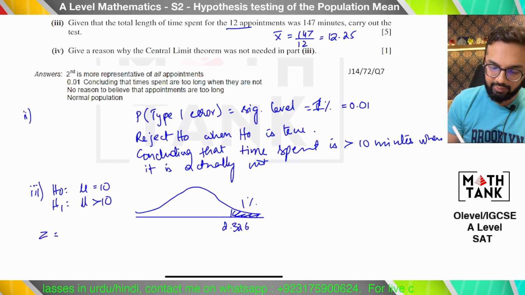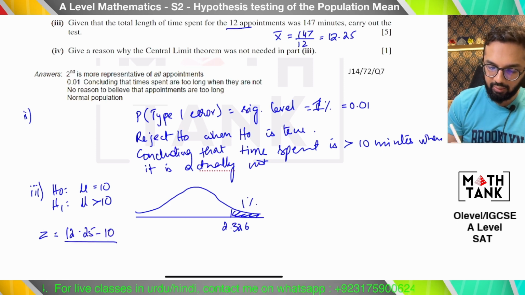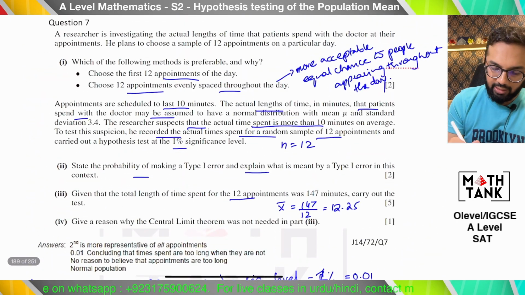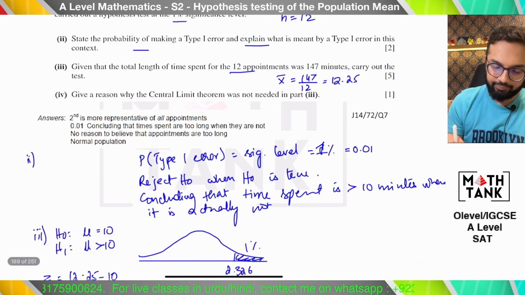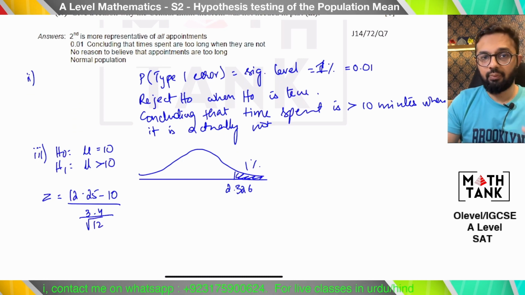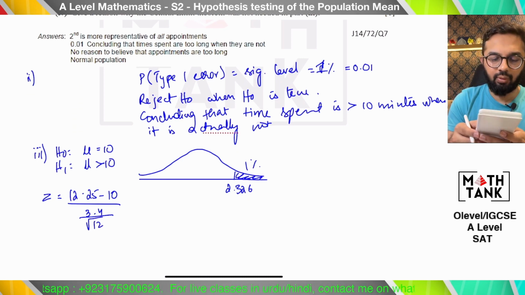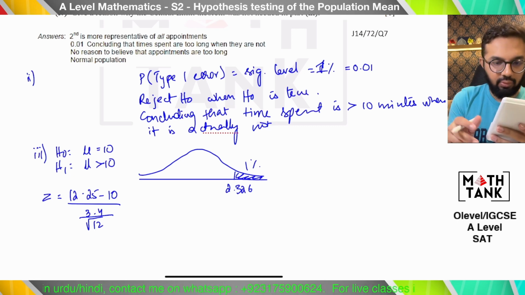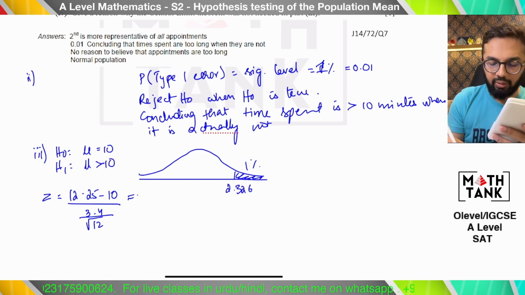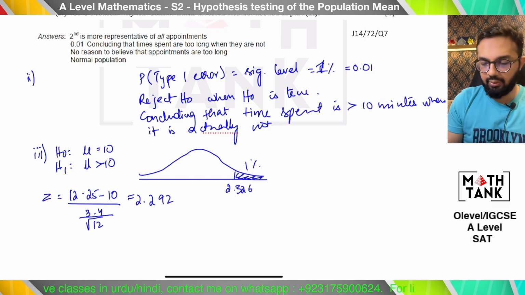So the z value of the test statistic is 12.25 minus 10, divided by the standard deviation of 3.4 divided by root 12, giving me 2.292.